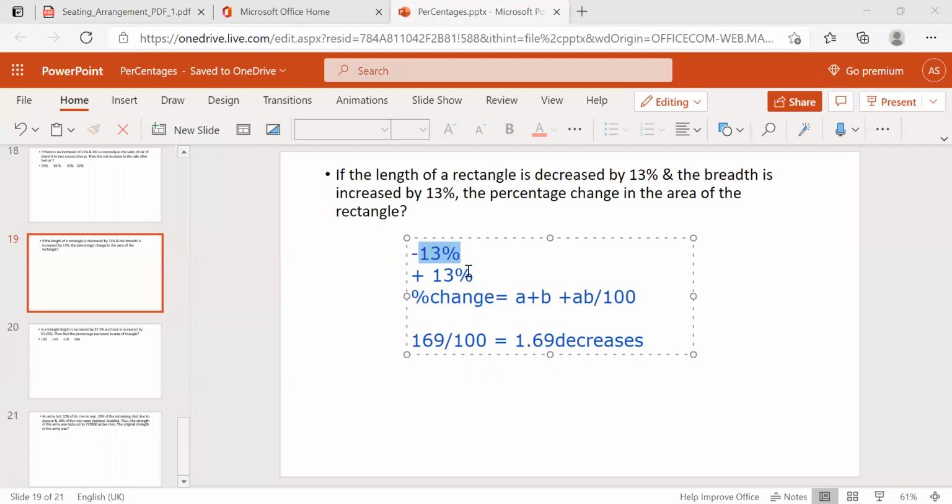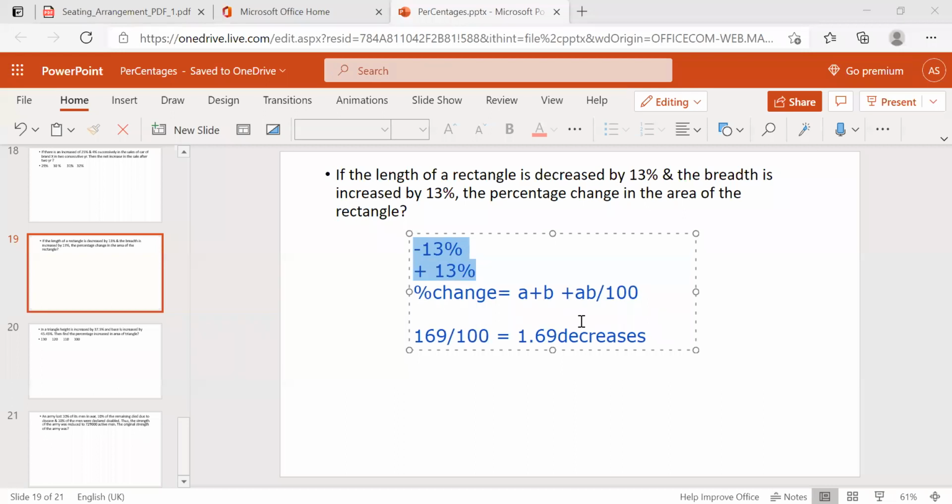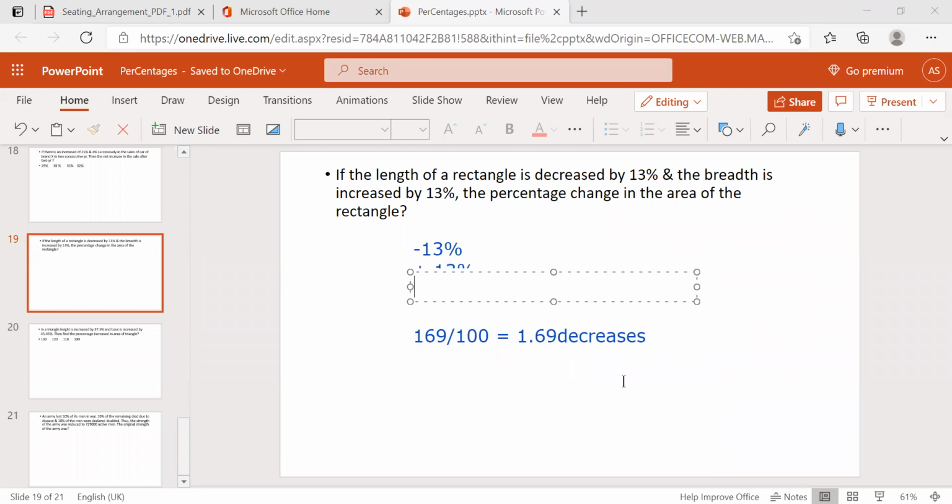One is minus 13, another one is plus 13. Both get cancelled. Then what's the remainder? Remaining 13 into 13. Minus 13 into plus 13. It's nothing but 169. 169 by 100. It's nothing but 1.69. Just getting the minus here, so decreases. Is it clear? Simple answer. So no need to worry about this type of questions. You just apply this percentage change formula, then you will get the answer easily.